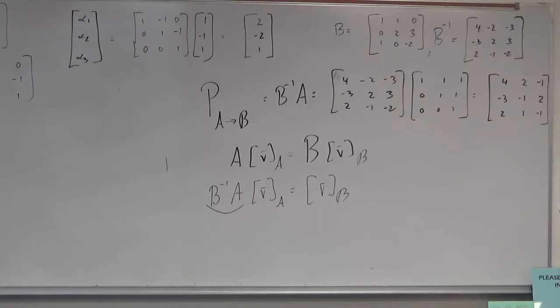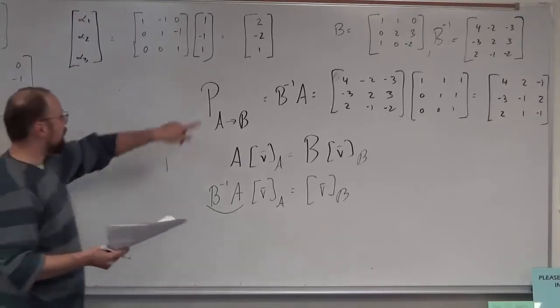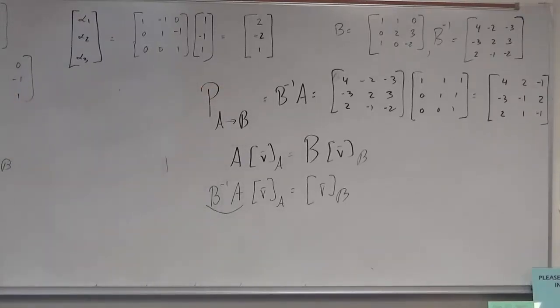Okay, so this transition matrix should multiply the coordinate vector with respect to basis A, and we found that, 2, -2, 1, and return the coordinate vector with respect to basis B. So let's check.